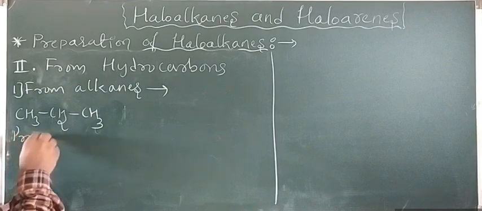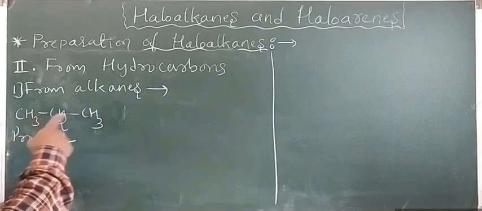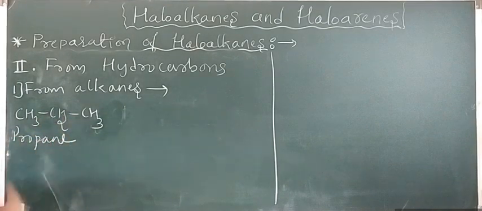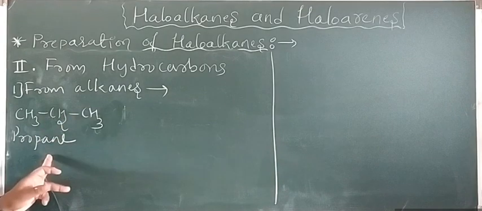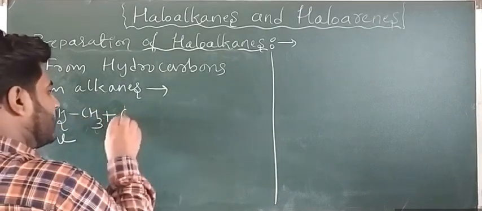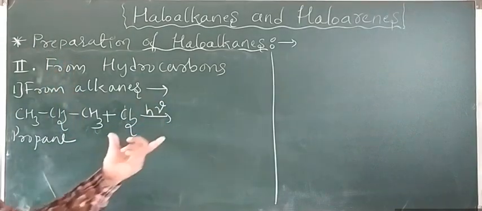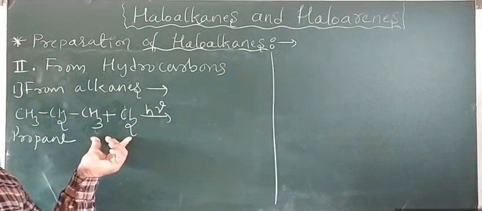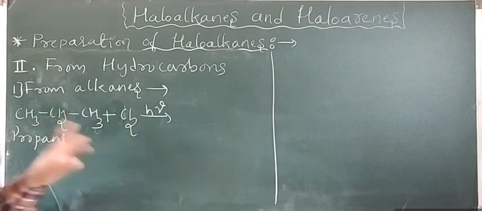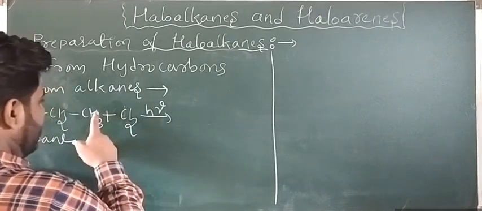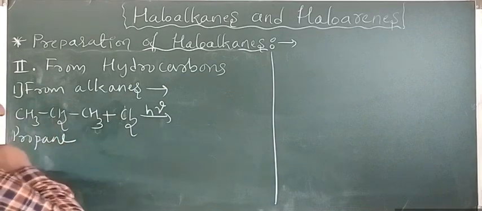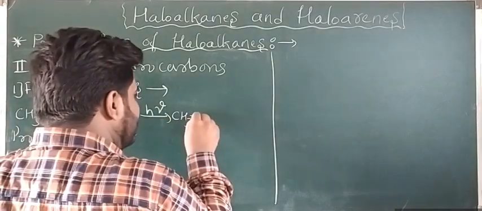Why is it propane? All are carbon-carbon single bonds and 3 carbons. Prop, single bond, ANE. Propane. When you add chlorine in the presence of sunlight, hv means sunlight we have to add. So free radical mechanism occurs, and a mixture is formed. Look here, chlorine may be added here or chlorine may be added here. So we get that mixture.